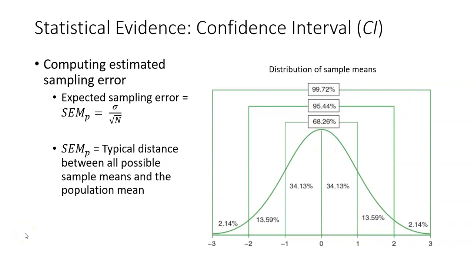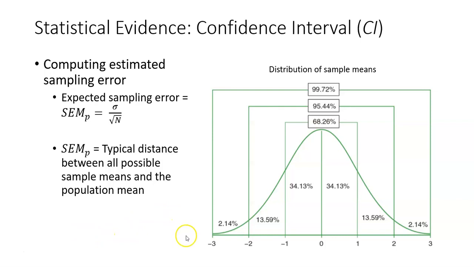The next kind of statistical evidence I want to show you, both how to compute and interpret, is the confidence interval. It's still based on the standard error of the mean. The standard error of the mean still means the same thing. It's still the typical distance of all possible sample means from the population mean.